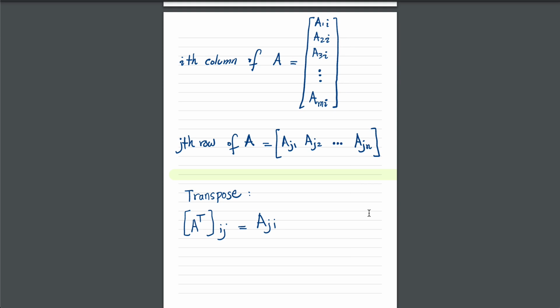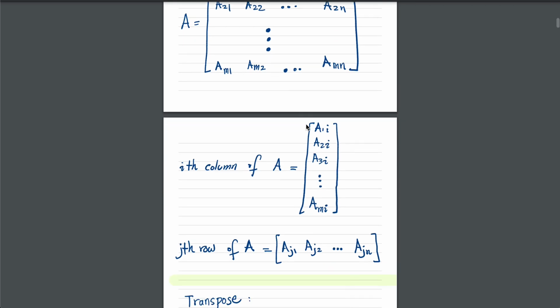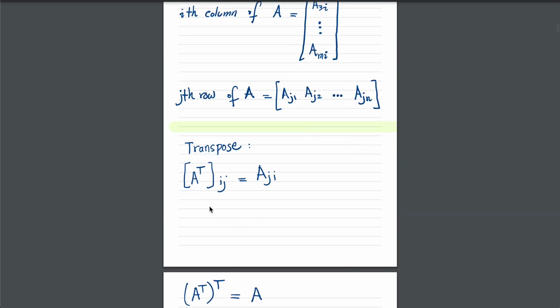And one important operation on matrices is the transpose. The transpose of a matrix is the mirror image of the matrix across the diagonal line. This is the diagonal line, more or less, and then imagine you switch A12 with A21, A1n. Essentially, this is what it is.